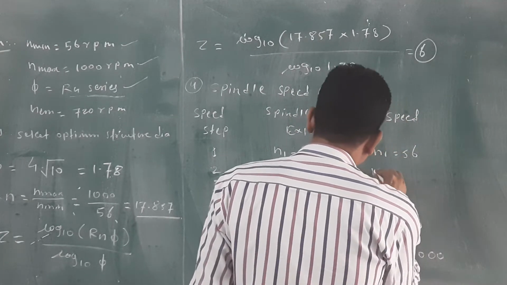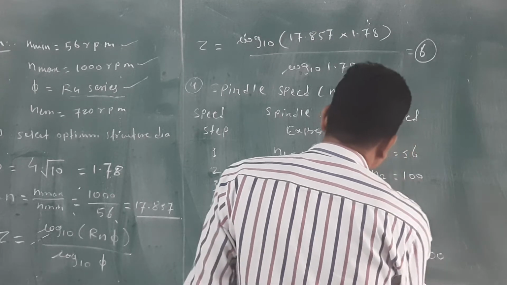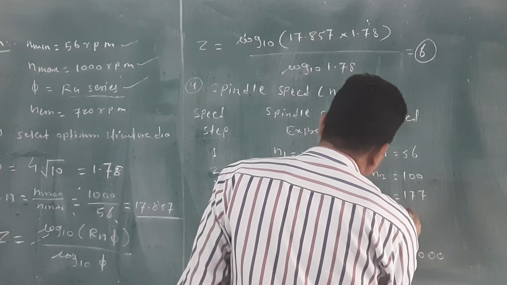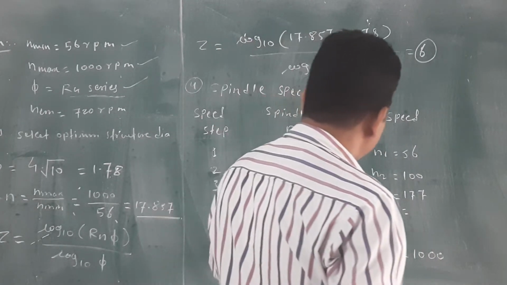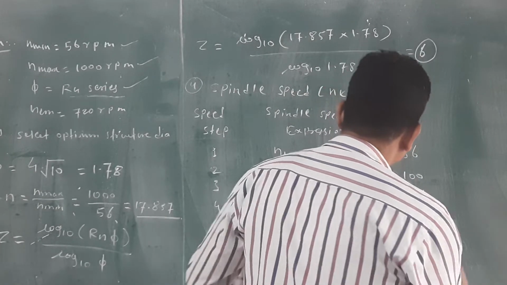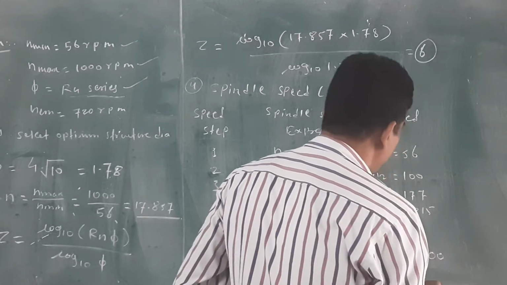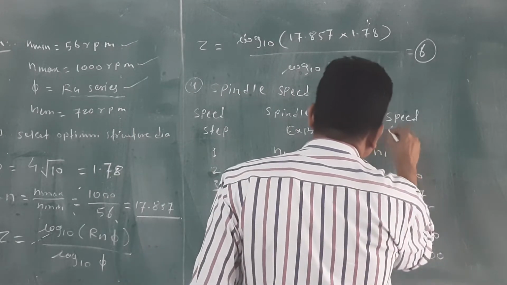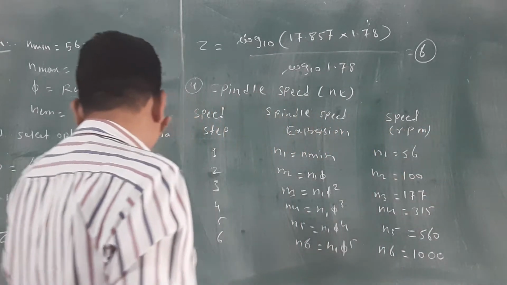Then if you calculate, n2 you will get 100, n3 is equal to 177, n4 is equal to n1 phi cubed, you will get 315, and lastly n5 you will get 560. All these values you will get in RPM, revolutions per minute.